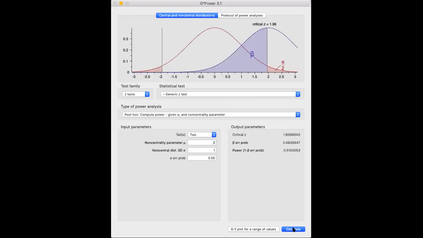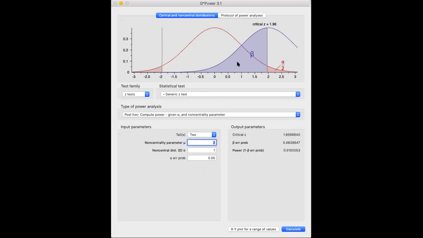if we calculate again, we notice that, first of all, the Z distribution, the one that we're testing against, has moved to the right. Now, this cutting point, the critical Z, has not changed at 1.96. But since we have moved the Z distribution to the right, the beta has become smaller.